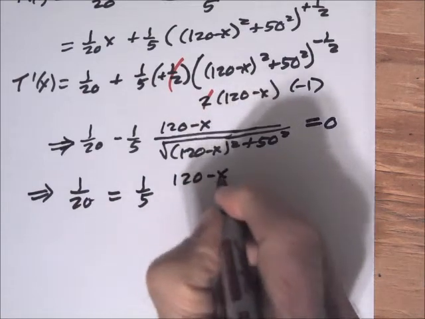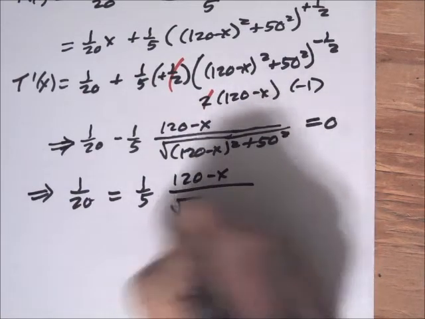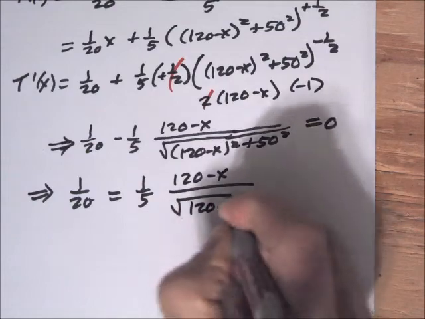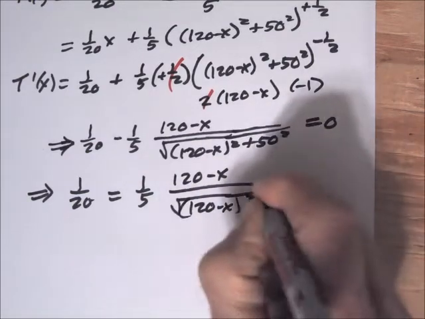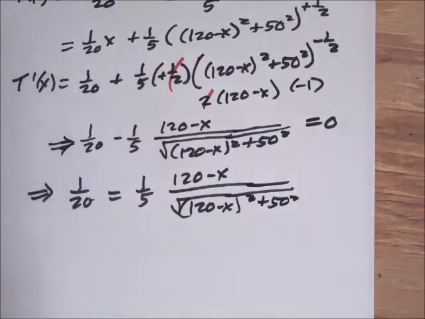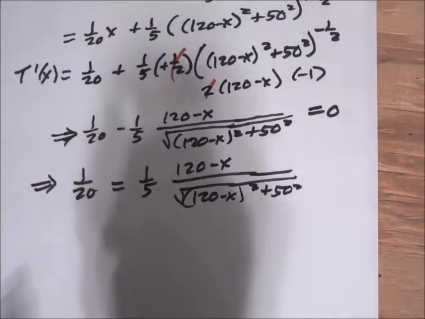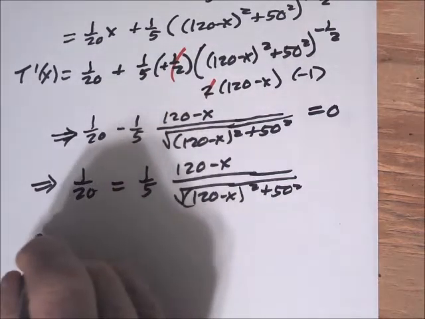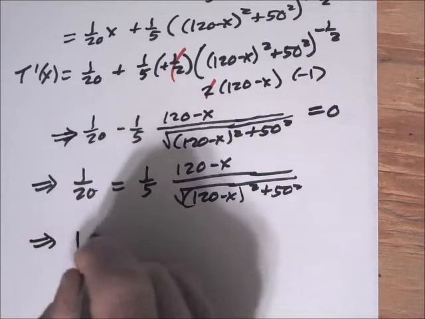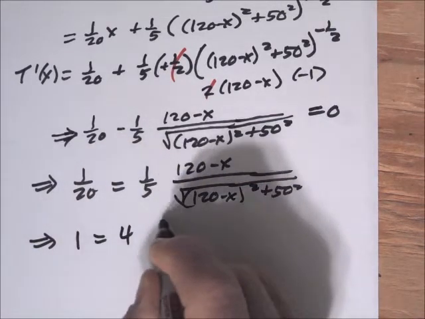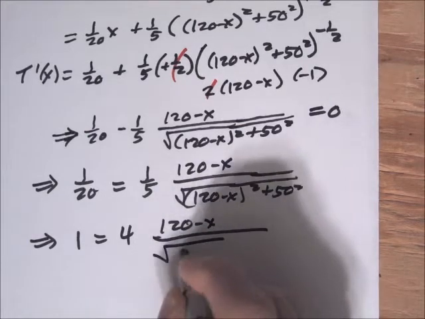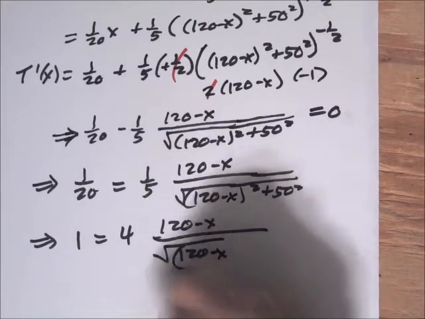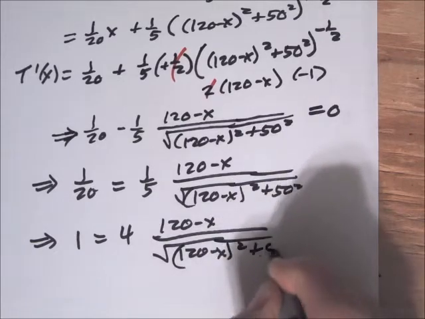120 minus x over square root 120 minus x quantity squared plus 50 squared. And let's multiply everything by 20 to get rid of the fractions here. We'll have 1 equals 4 times 120 minus x over square root 120 minus x quantity squared plus 50 squared.